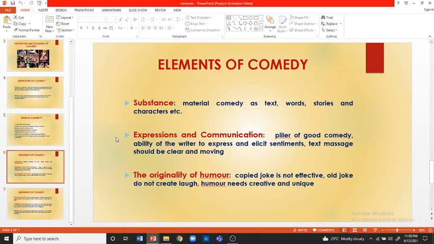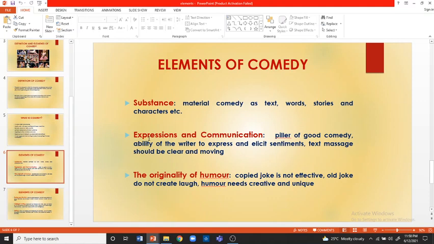The text message should be clear and moving, then only will the writer bring a smile to the face of the audience or reader, and the reader should enjoy the situation.